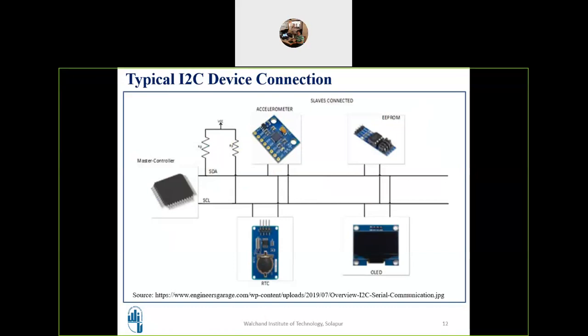This is again the same diagram, just showing that you are developing some embedded system, and that embedded system requires some peripherals to be connected, and those peripherals are also supporting, let us say, I2C protocol. So just think of this connection here. Maybe you can think of this is your PIC microcontroller, and for your embedded project you require, let us say, accelerometer, as well you require some memory, EEPROM type of memory, and then OLED is required, and then this RTC is required.